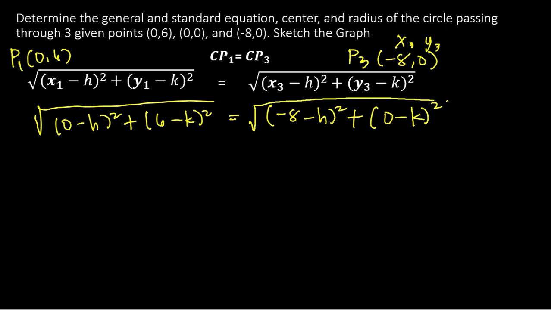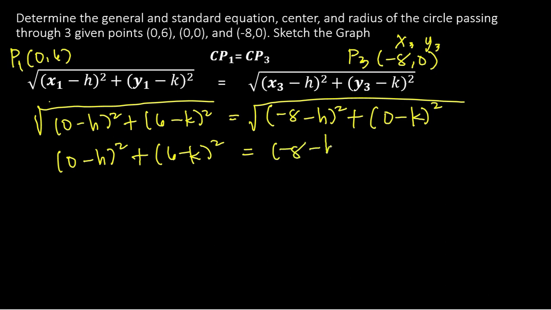Don't forget the square root. Next, we square both sides to cancel the square root. What remains is (0 minus h) squared plus (6 minus k) squared is equal to (negative 8 minus h) squared plus (0 minus k) squared.